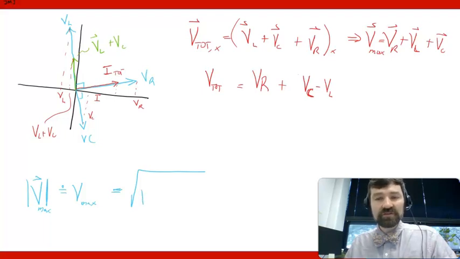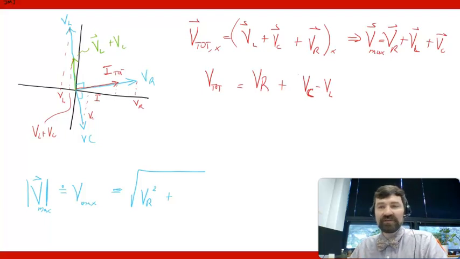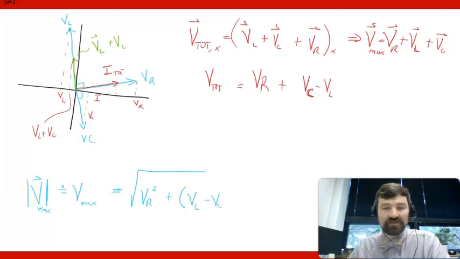But that should just look like VR squared plus VL dot VL plus VC dot VC, but we know that the VL and VC basically add like this. And so we can essentially take a dot product of those two by just calling it VL minus VC and then squaring it. Okay, so this right here will give us correctly the length of that vector.